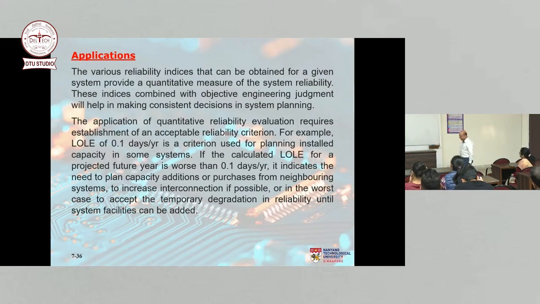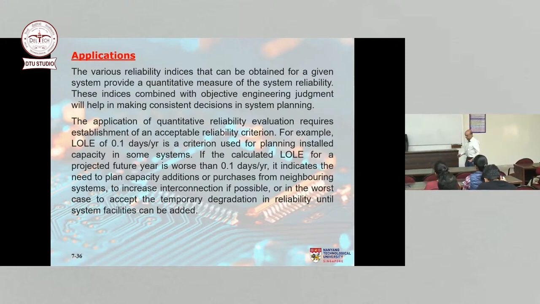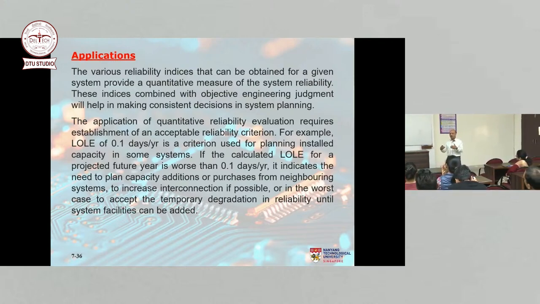Just summing it up now, the applications of generating capacity reliability evaluation. So we have seen how to calculate the reliability indices. We have the capacity model, we have the load model, we convolve the two, we get the risk model. We also know how to do sensitivity studies. We can change the peak load, we can change the unavailability of the generators, we can include uncertainty, we can include maintenance. In fact, we can add generators, we can remove generators.